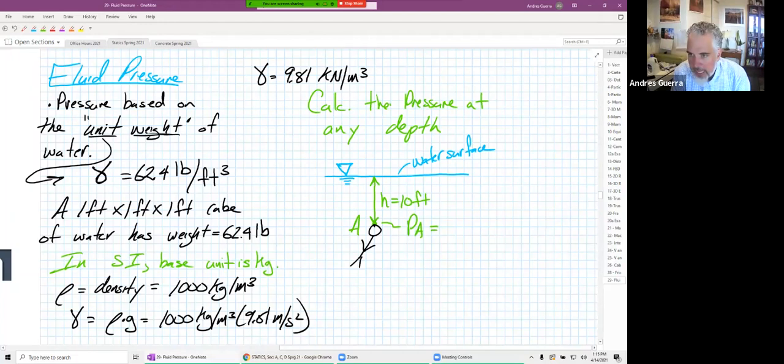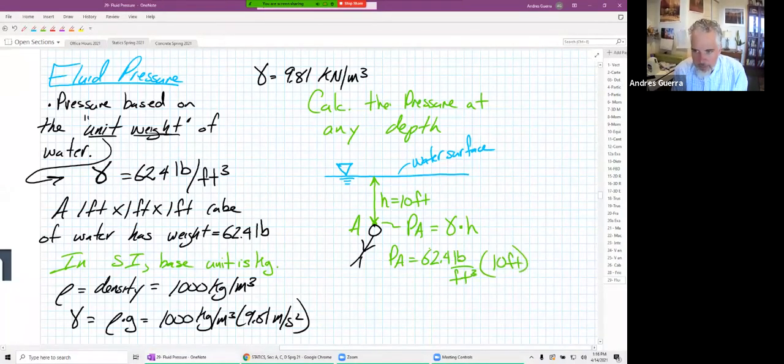So it would be gamma times H if we're doing this in US customary units. And so our pressure at A is going to be 62.4 pounds per cubic foot times 10 feet.